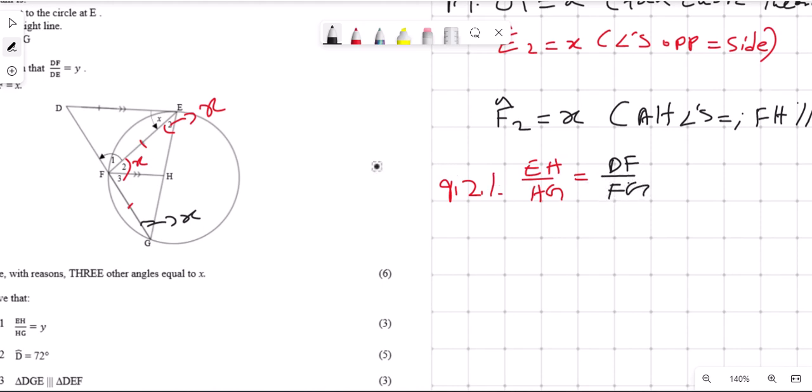So we can say line parallel to one side of a triangle as a reason, or we can simply say FH parallel DE. Which one do you prefer? FH parallel DE. Okay, you will remember that.